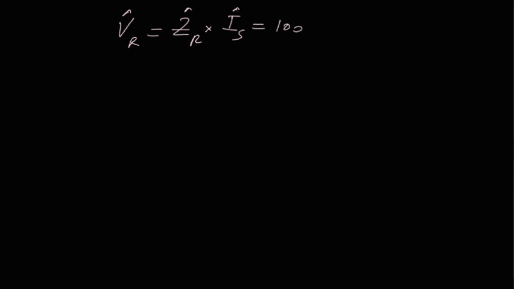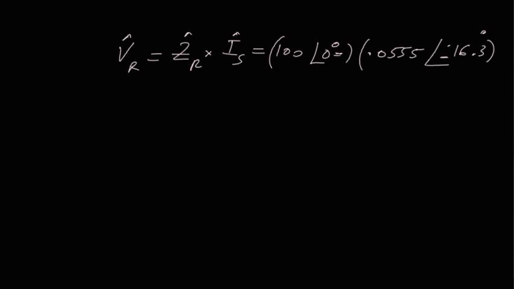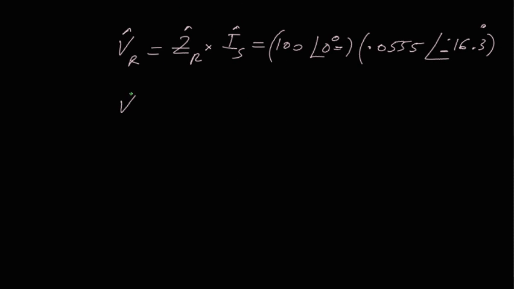ZR was 100, and the angle was 0 degrees, if I'm not mistaken. And then Is is 0.0555, just rounded to 55.5, and the angle was negative 16.3, if I'm not mistaken. Yes.